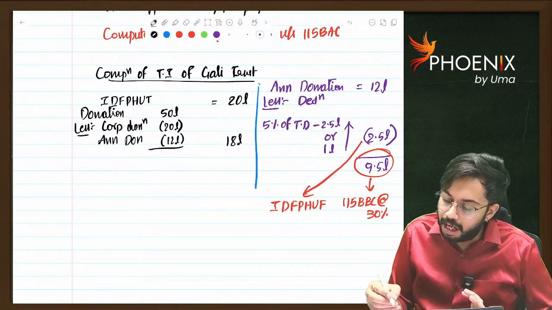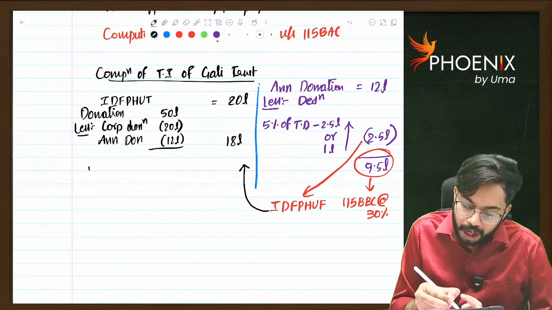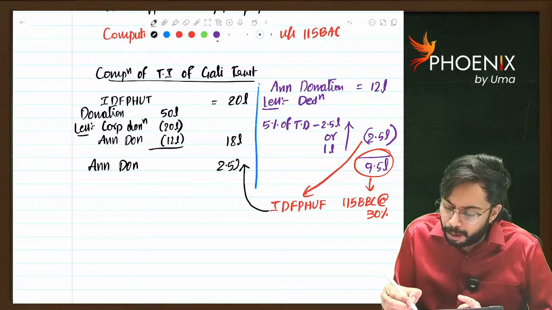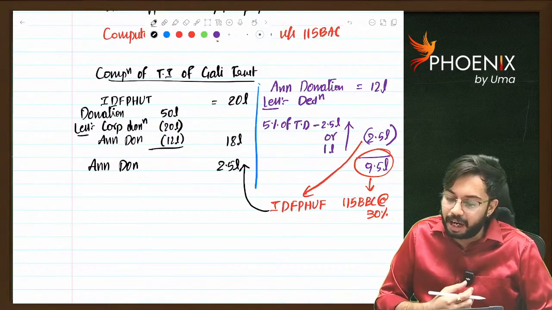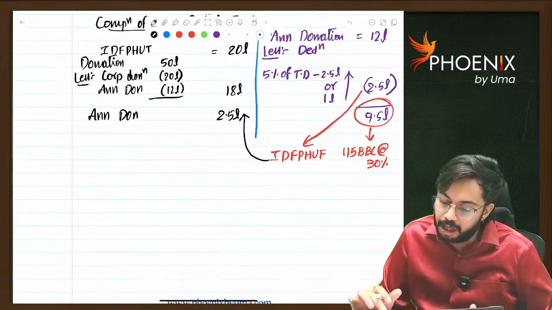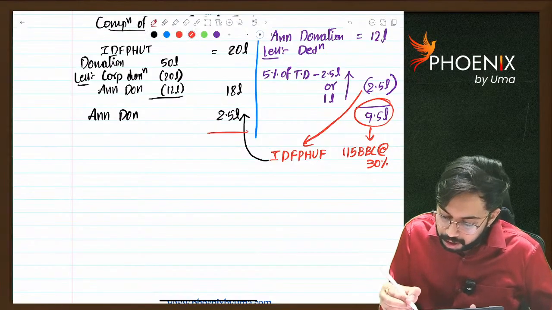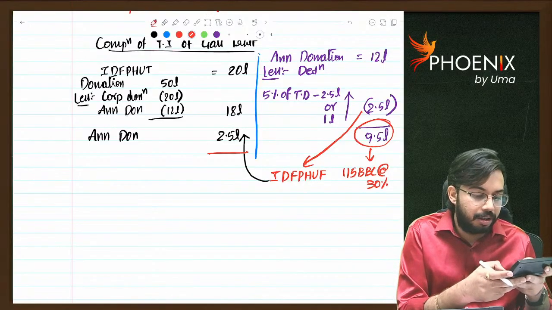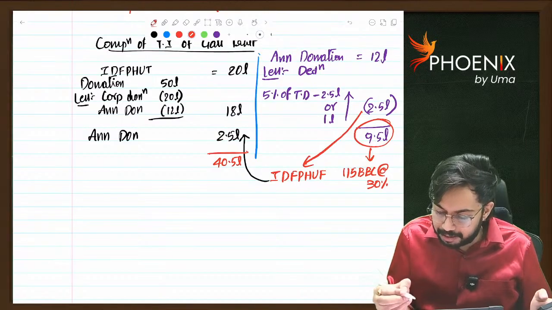To this, we are going to add income derived from property held under trust. So, anonymous donation total will not be treated as income derived from property held under trust. Only 2.5 lakhs will be treated as income derived from property held under trust. Now, out of this, total how much? 20 plus 18 plus 2.5, 40.5 lakhs.